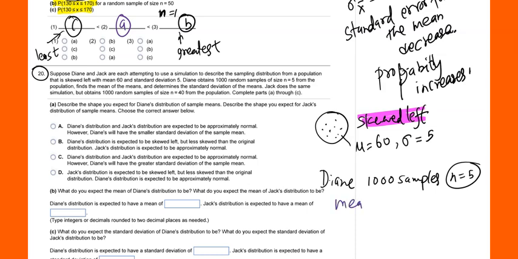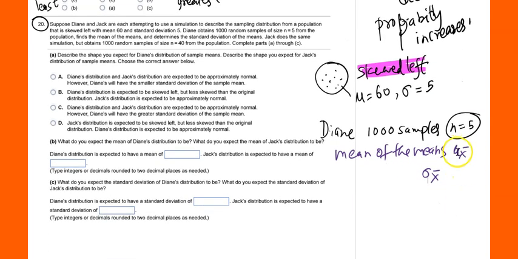And determine the standard deviation of the mean. That means sigma x bar. That's why you see determine. Diane does 1000 samples of sample size 5. She finds the mean of the means and the standard deviation of the means.